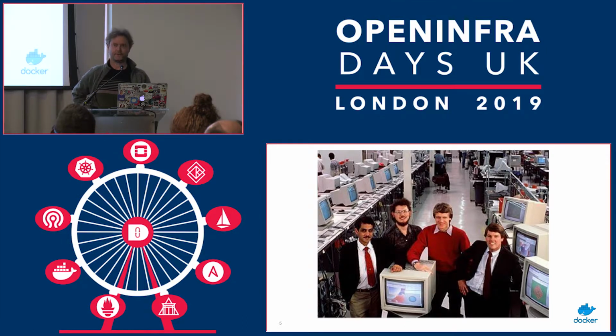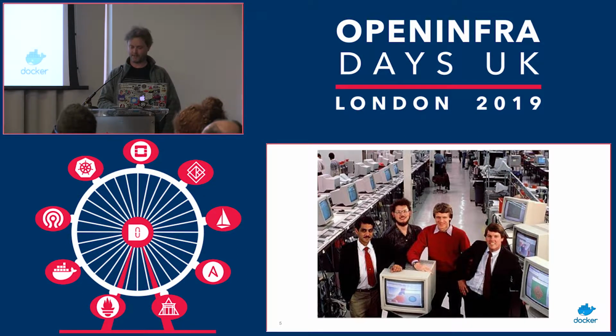This is a picture of the founder of Sun Microsystems with the first recognizably modern computer, one that if you were sat in front of it, you'd probably still be able to use pretty much.